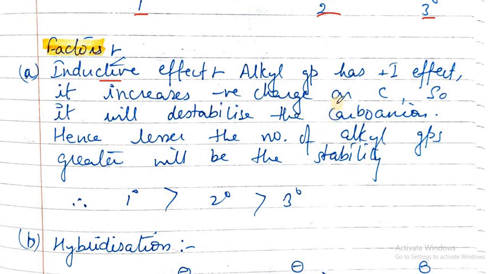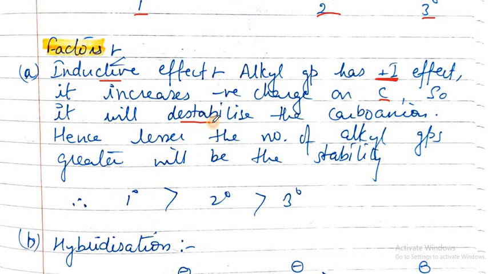Now the alkyl groups are attached to the various carbanions. Alkyl groups have a positive inductive effect. Positive inductive effect means they increase the negative charge on the carbon. When they increase the negative charge on the carbon, which already has a negative charge, this will destabilize the carbanion.